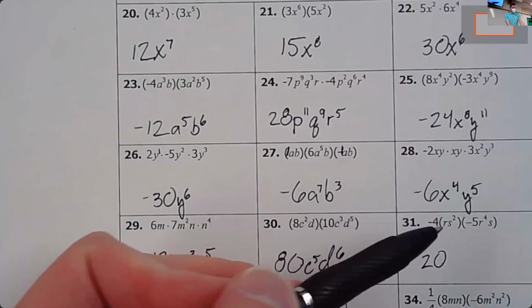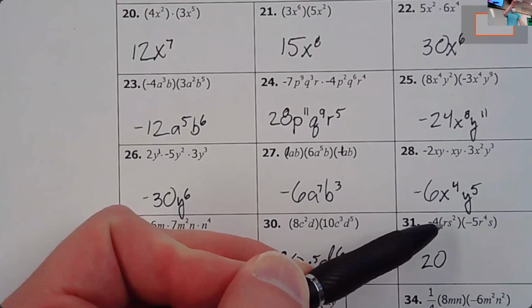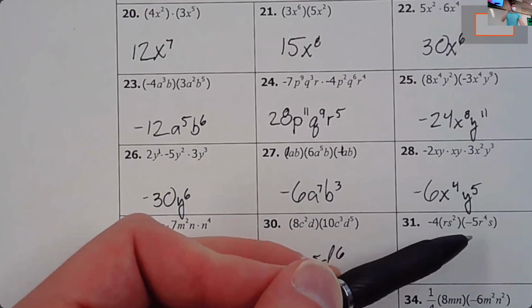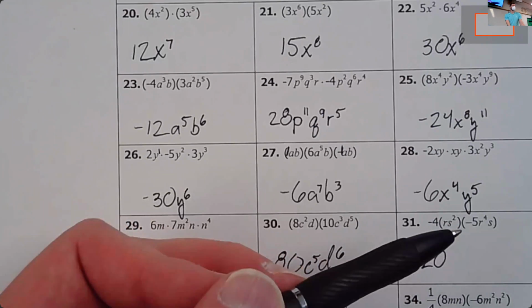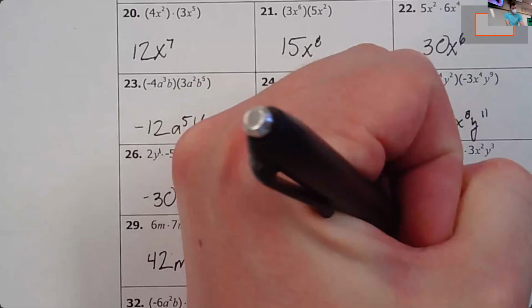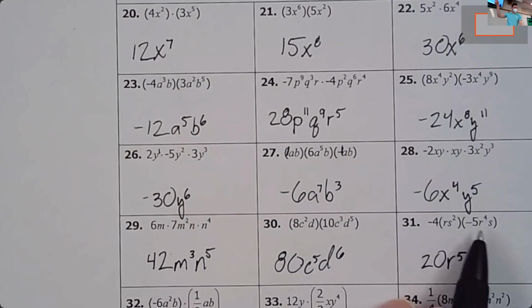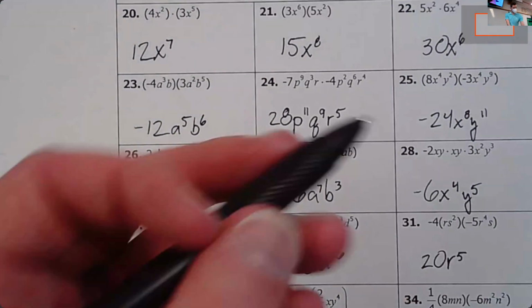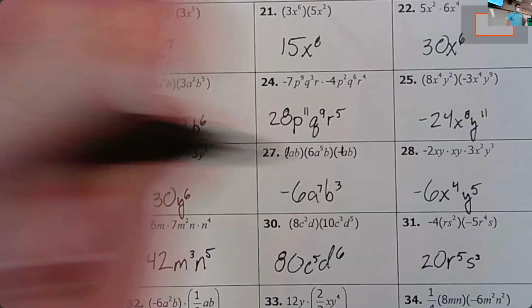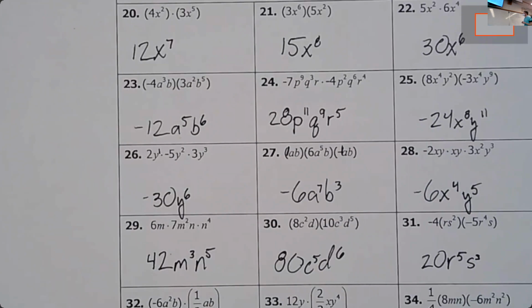And then we have an r here, so there's 1. And then there's an r to the 4th there, so 1 plus 4 would be r to the what? 5th, yeah, so r to the 5th. And then s to the 2nd, there's 2 there, and then another s over here is 1 more, so 2 and 1 gives us s to the 3rd, exactly. Nice, thank you. So 20 r to the 5th, s to the 3rd.